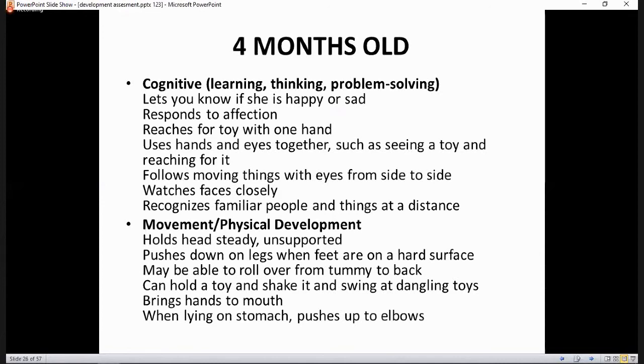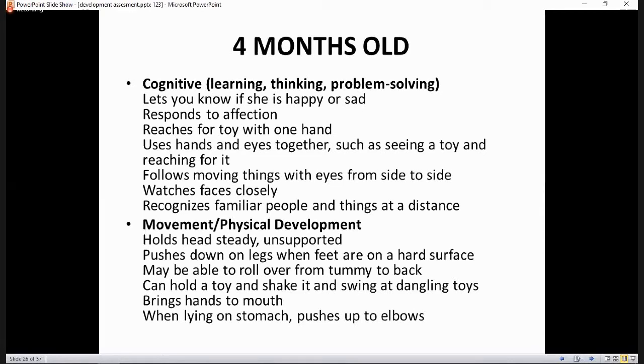In a 4-month-old child, in the cognition, you will know that he is happy or sad. Response to affection. Everybody likes to be loved. Reaches for toy with one hand.